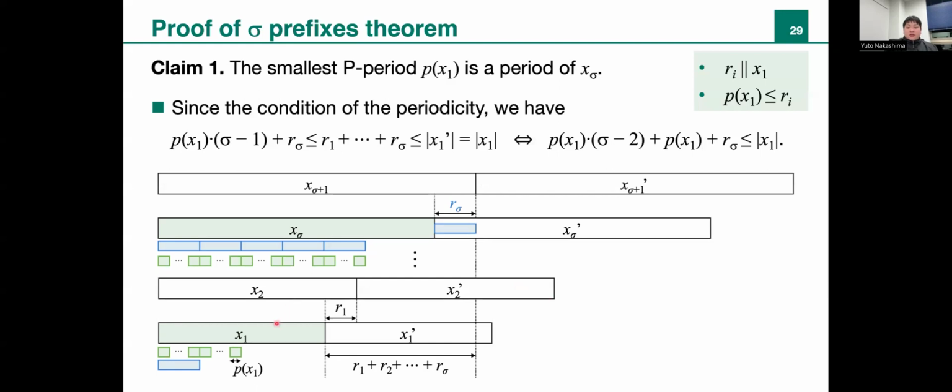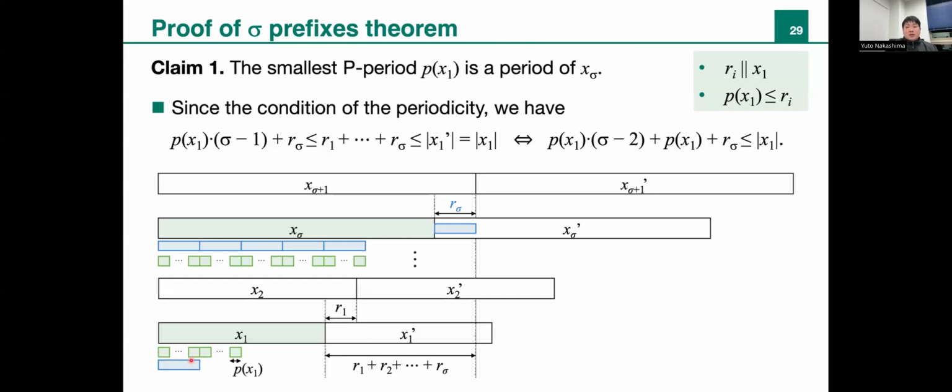We recall that x1 has the shortest period P, which is the green one, and also R sigma like this. By the equation, R sigma, this blue one, is a multiple of the smallest period of x1, which is the green one.